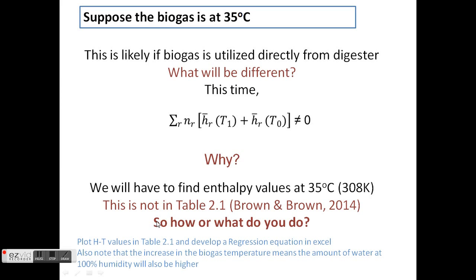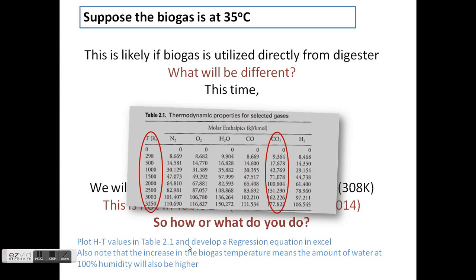You can plot an H-T graph using the values in table 2.1. Plot this for each of the compounds, this against this.